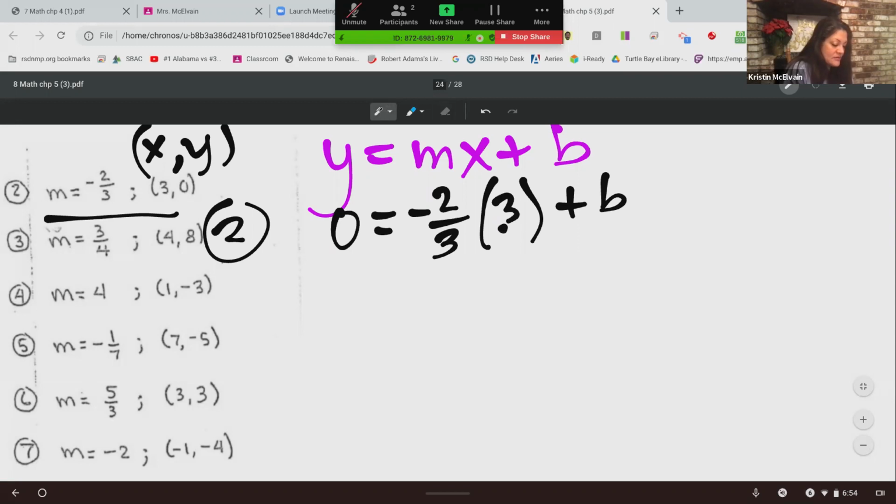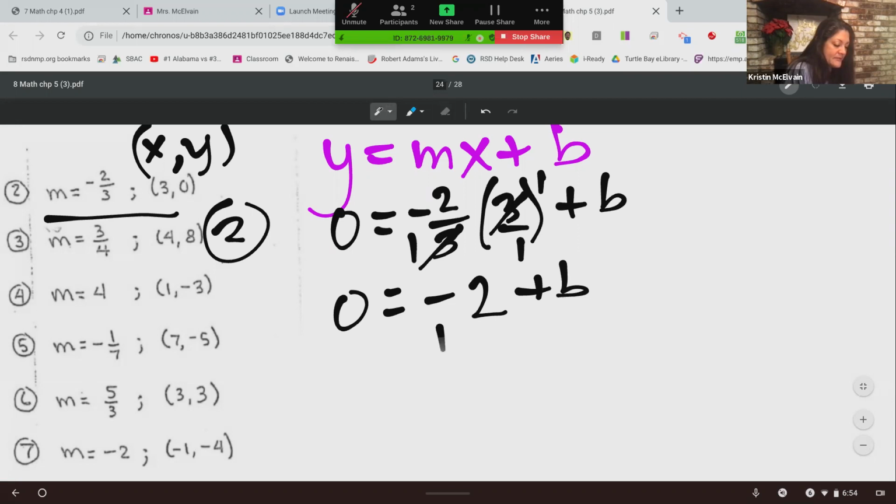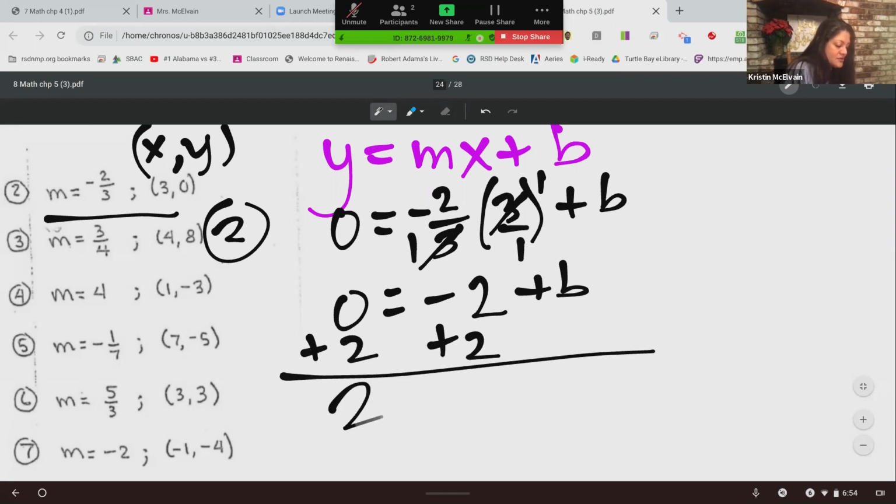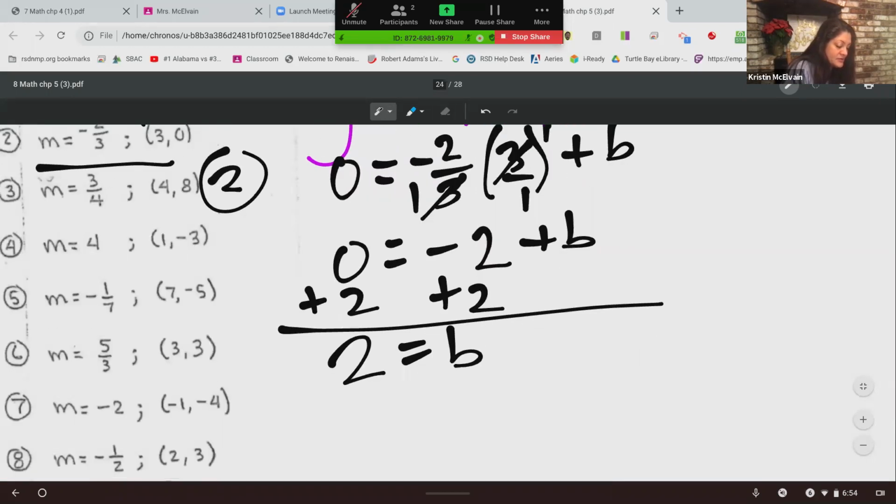This is actually a 3/1. Those cancel out to 1. So we have 0 equals -2 plus b. Add the opposite. 2 equals b. So our equation for number 2 is y equals -2/3 x plus 2.